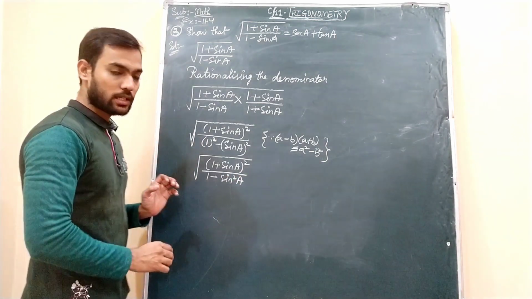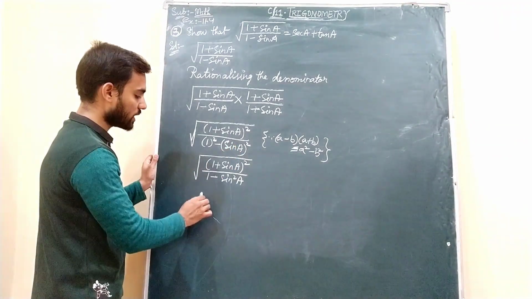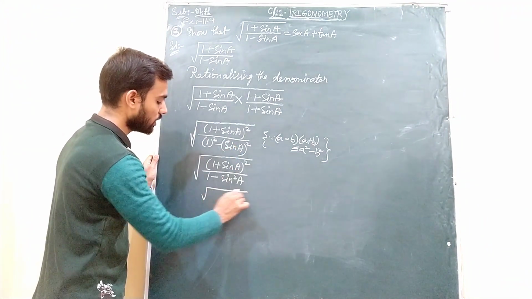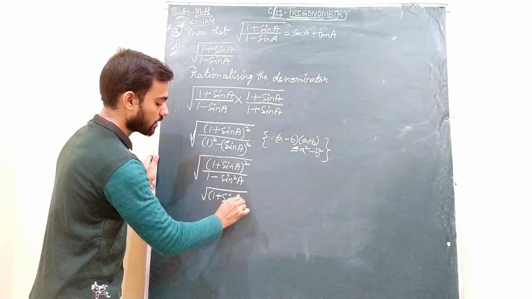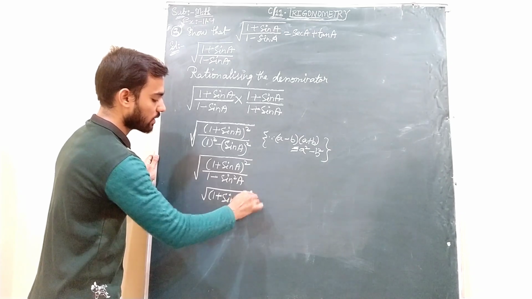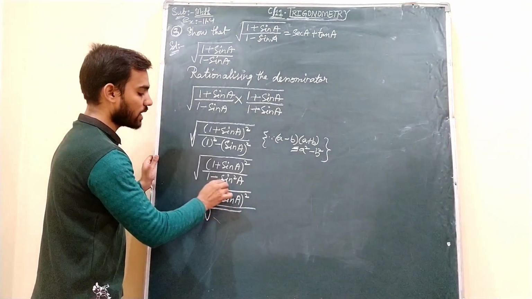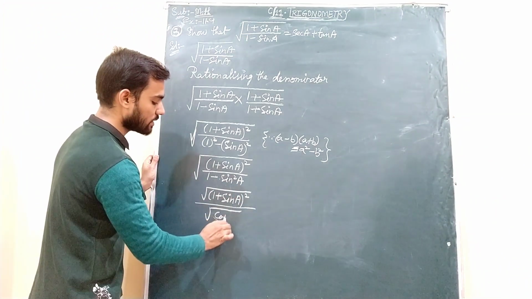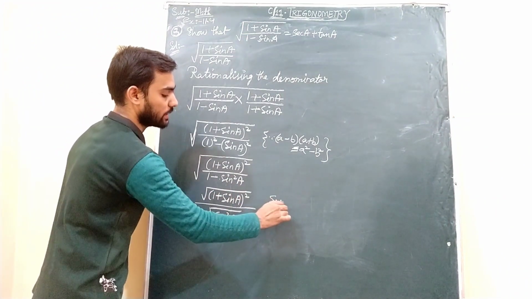Okay students, in the next step I will separate the square with both of them. Under root over (1 plus sine a) whole square divided by under root over (1 minus sine square a) can be written as cos square a through our first identity.